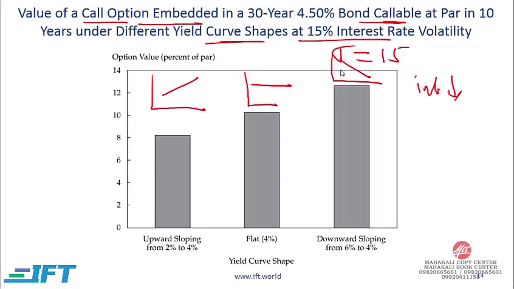And that is why, if we have a downward sloping yield curve where the expectation is that interest rates will come down, the value of the call option will be higher relative to a flat yield curve scenario. And if we continue with that logic, if we have an upward sloping yield curve, then obviously it is less likely that a call option will be exercised, and therefore the value of the call option is even lower.